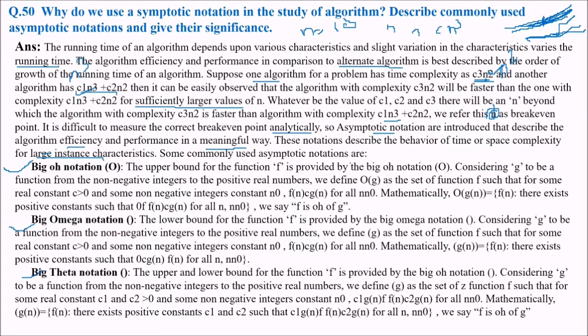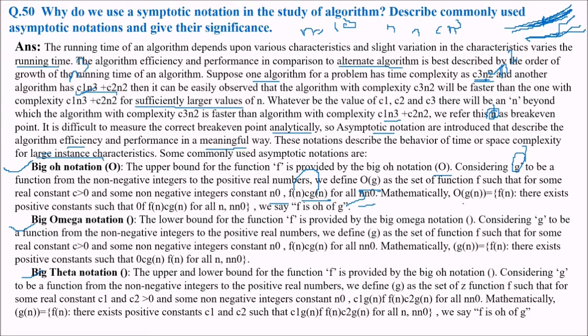If you consider g to be a function from the non-negative integers to the positive real numbers, we define order of g as the set of functions f such that for some real constant c greater than 0 and some non-negative integer n0, f(n) will be bounded by c times g(n), for all n greater than n0.